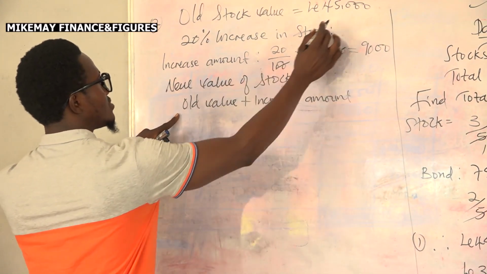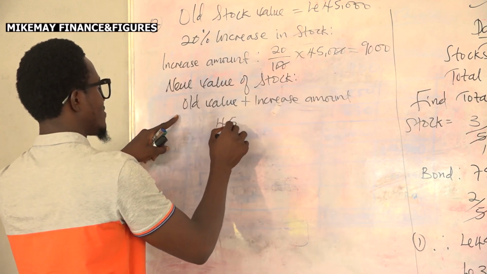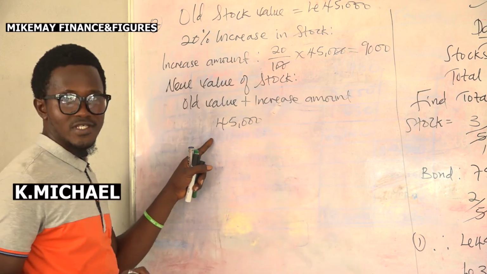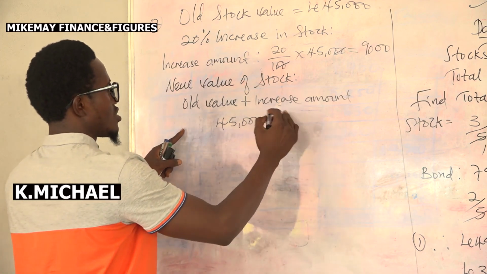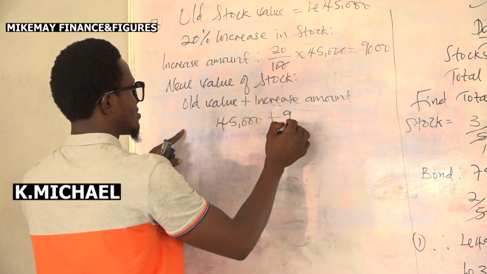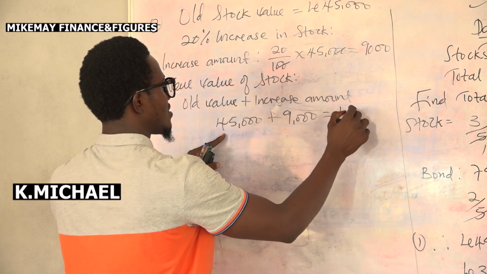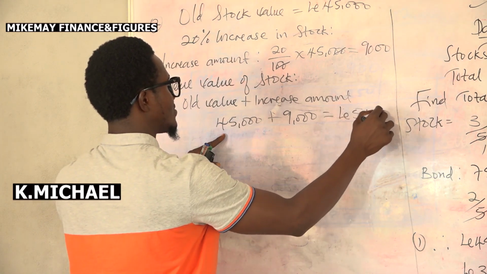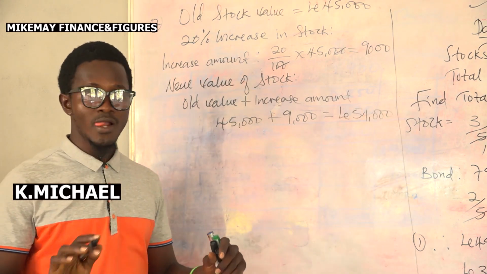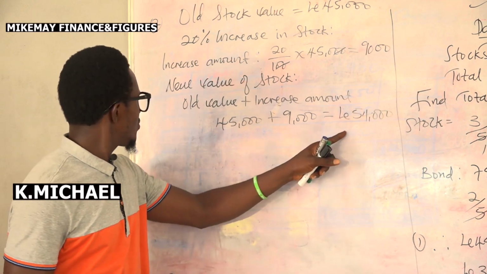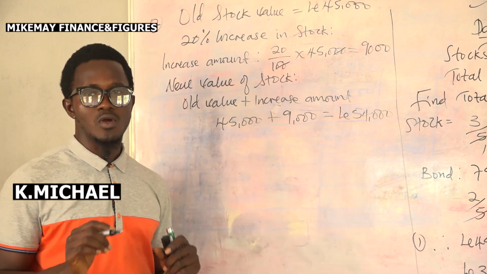So old value is 45,000 plus increase amount is 9,000. So this should give us 54,000, all right? So this is the new value of stock.